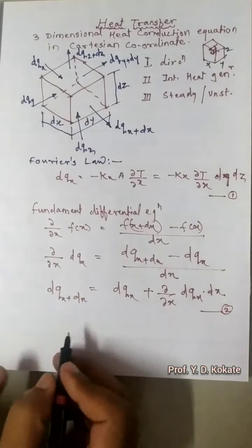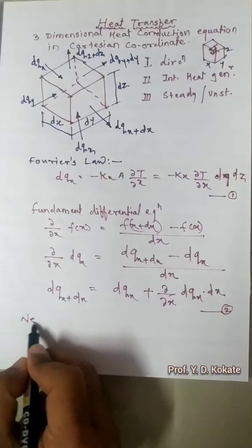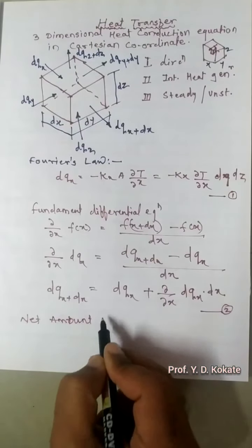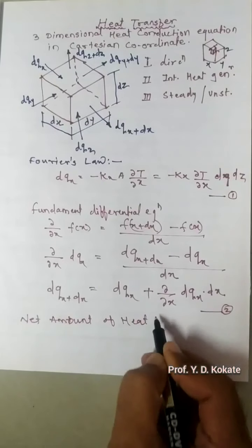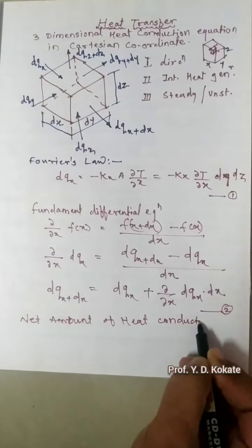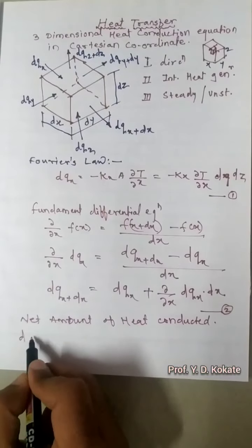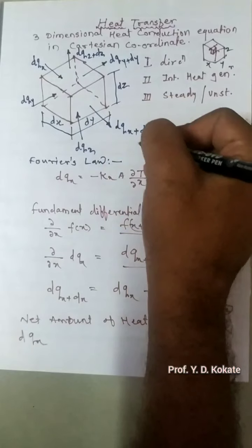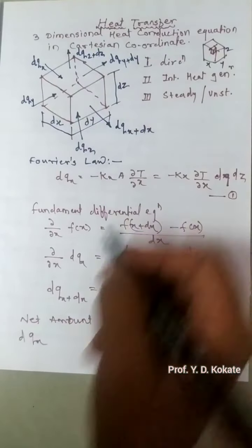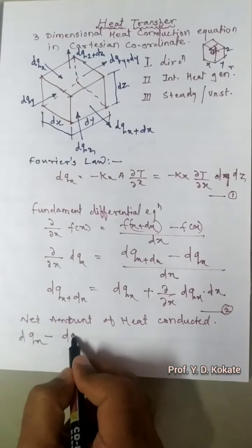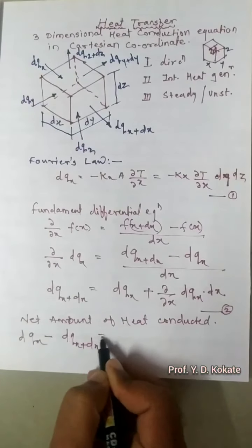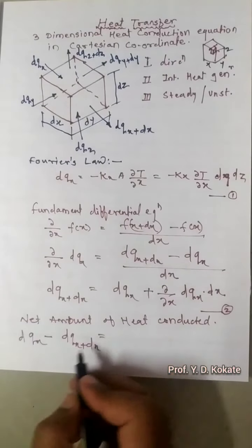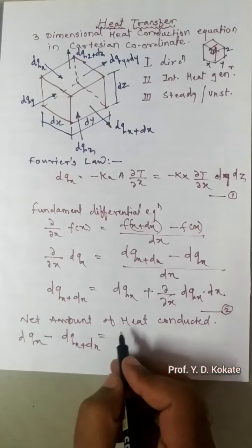Now from equation number 1 and 2, what is the net amount of heat conducted? It will be dqx minus dqx plus dx, because some amount of heat will get stored. So dqx minus dqx plus dx is the net amount of heat conducted.